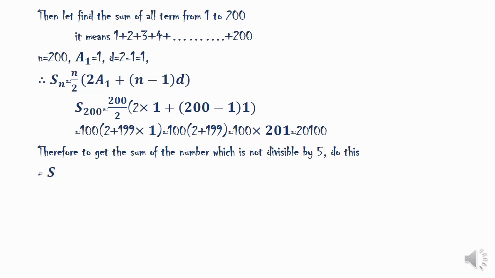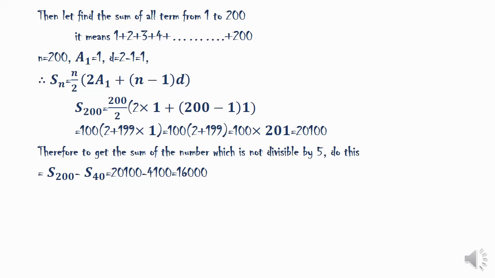So it will be sum of 200 terms minus sum of 40 terms, that is equal to 20,100 minus 4,100, you get 16,000. So the sum of the numbers which are not divisible by 5 is equal to 16,000.